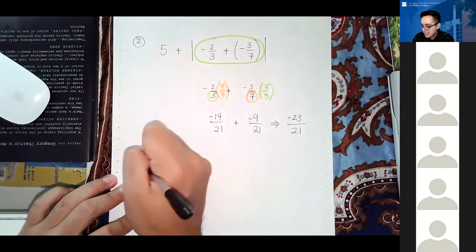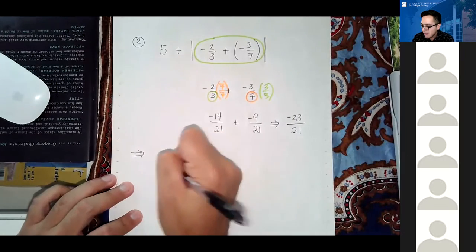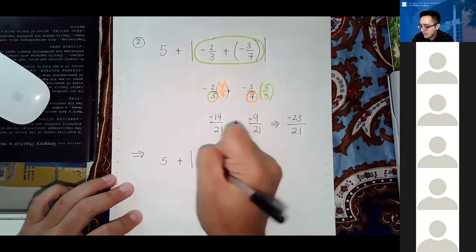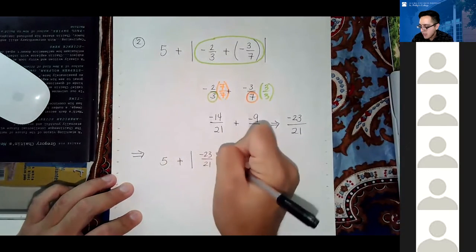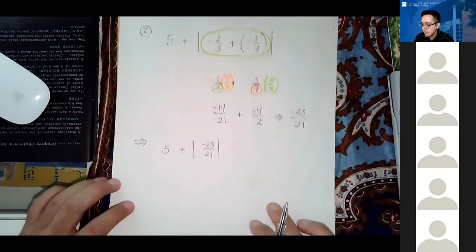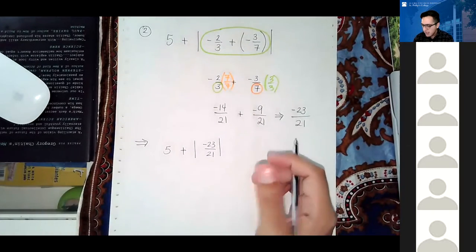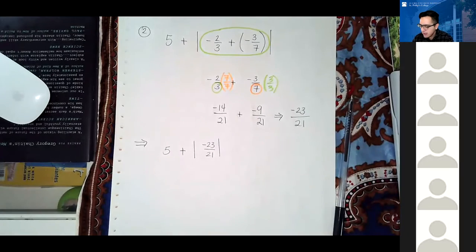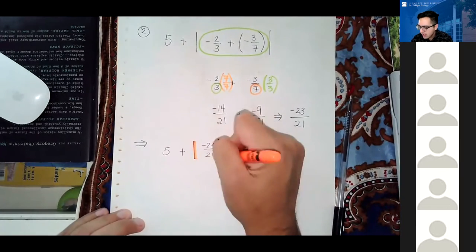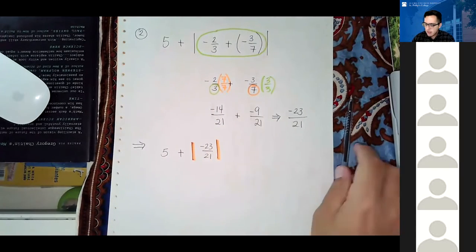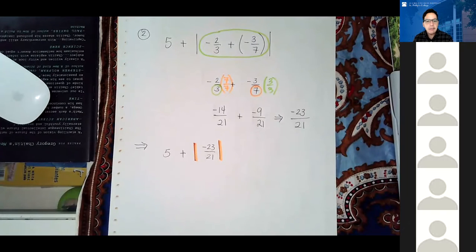So now I can just go ahead and go over here to 5 plus the absolute value of negative 23 over 21. This fraction does not simplify. For now, and just in the interest of time, you'll have to trust me on that. When we take the absolute value of this negative fraction, again, I have no idea where on the number line negative 23 over 21 lies, but I know that it's a negative number.